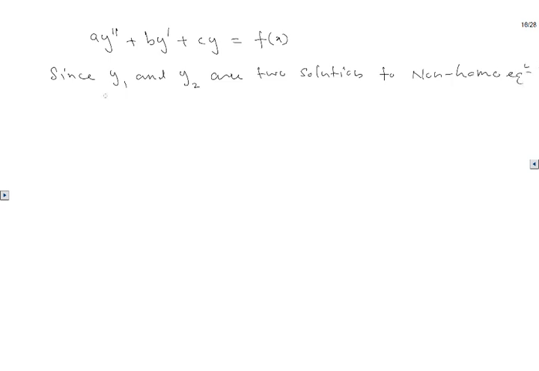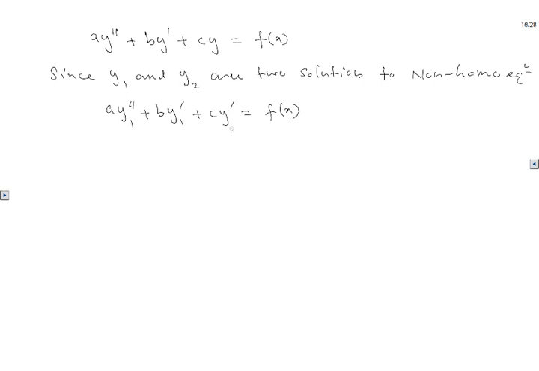That means each should satisfy the equation. So we're going to get a y1 double prime plus b y1 prime plus c y1 equals f of x, because it's a solution of the first equation. We can write the same thing with the second one.